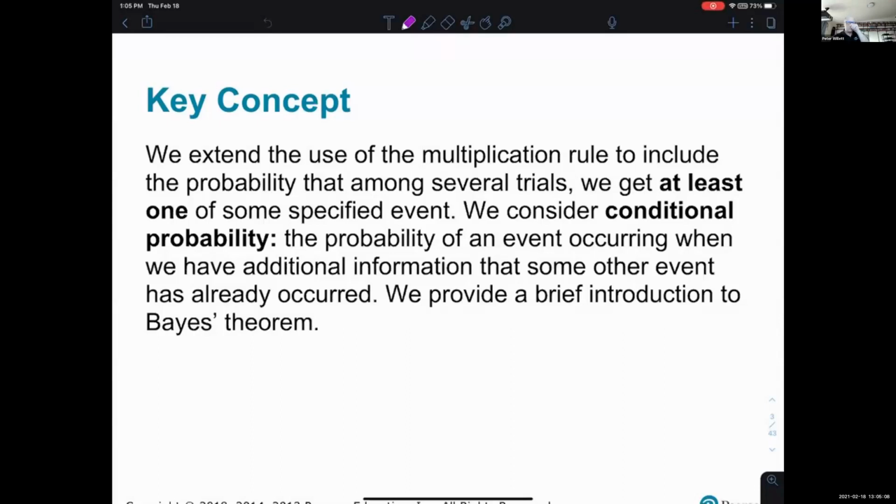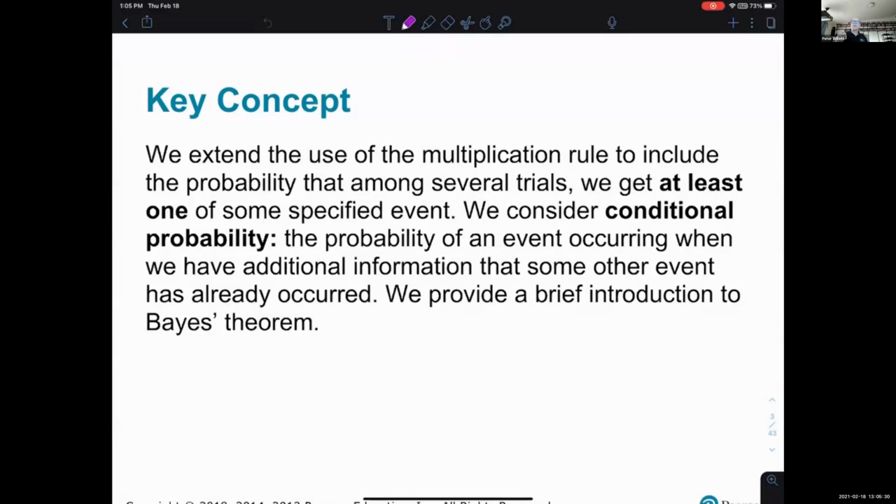So a conditional event in the example I was just discussing is, let's say I flipped a coin twice. And the one event is that I got heads on the first flip or the first toss. And another event is that I got tails on the second toss.